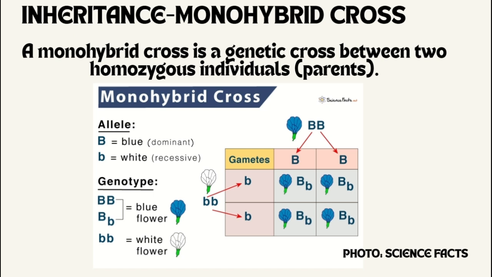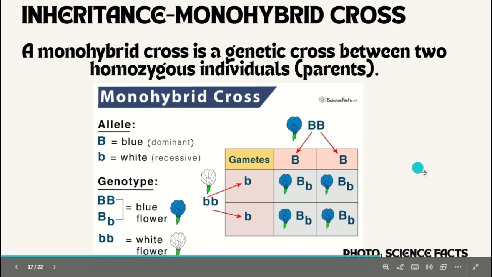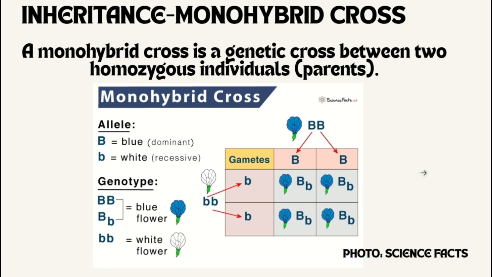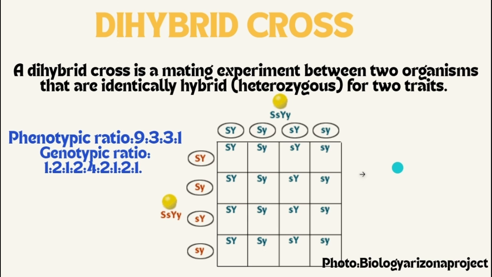So that's basically the F2 generation. As you can see, the first generation is usually very simple, everything 100%. So you're going to end up with 100% heterozygous. You're also going to end up with 100% of the dominant trait, which in this case was blue flowers.